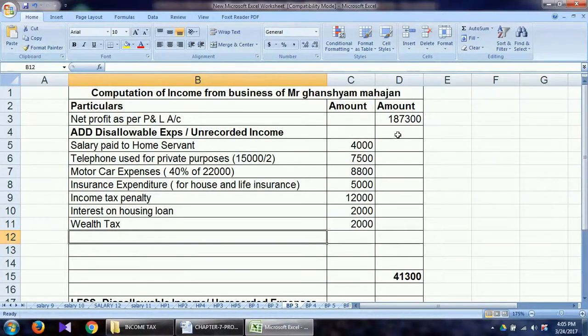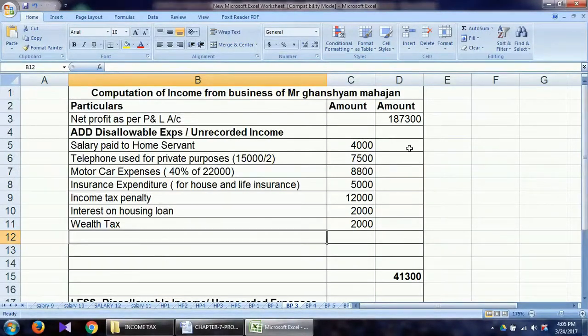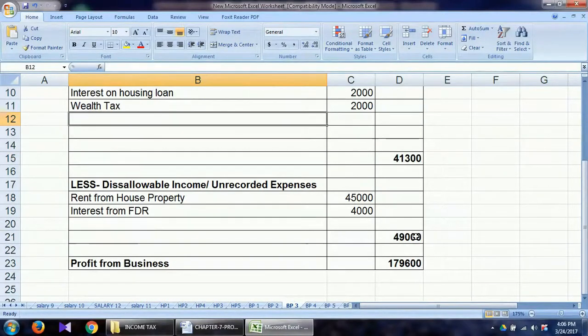So from our opening net profit of 1,87,300, we will add 41,300 and we will deduct 49,000, and the final answer, that is 1,87,300 plus 41,300 minus 49,000, we will get 1,79,600, and this is the profit of Mr. Mahajan as per the Income Tax Act.